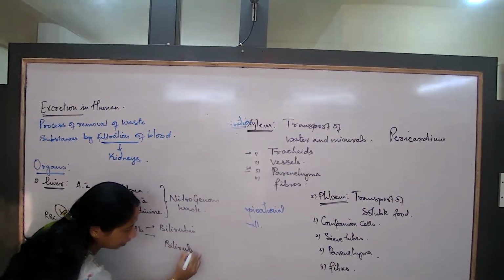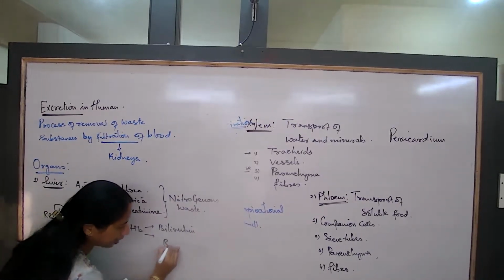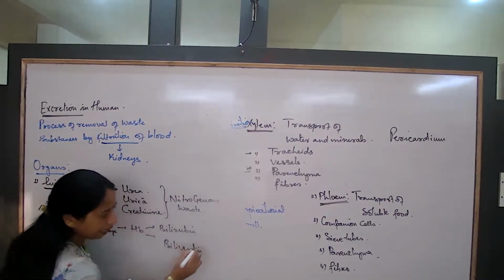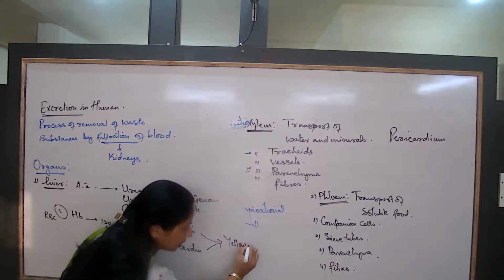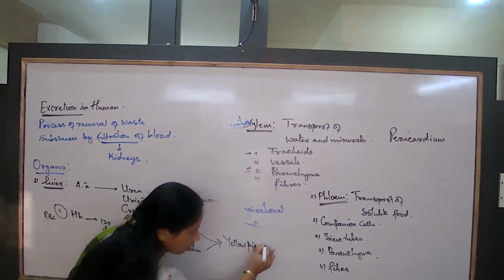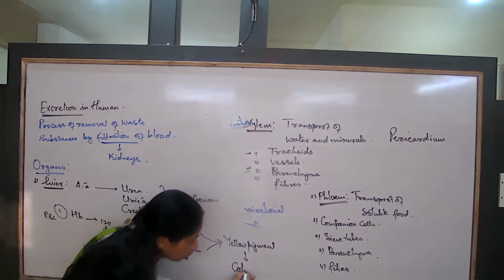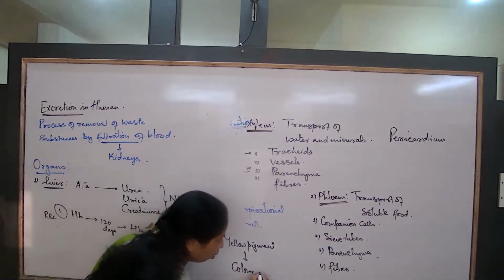Bilirubin and biliverdin. So now this bilirubin and biliverdin will again get broken down to some other yellowish pigments. There's a name to that also, and this generally imparts a yellow color.